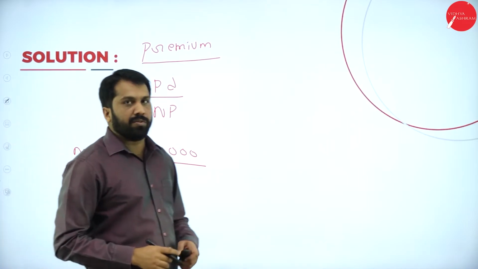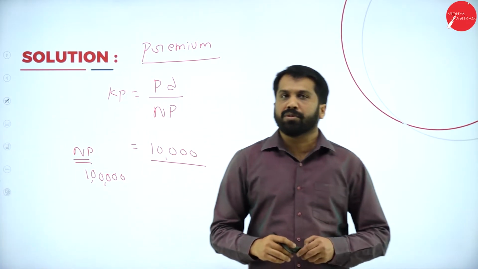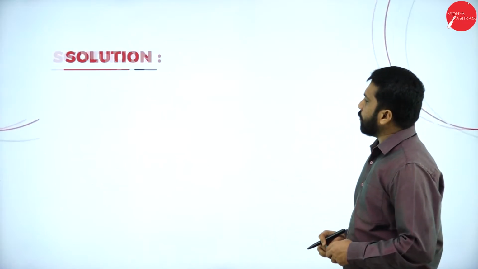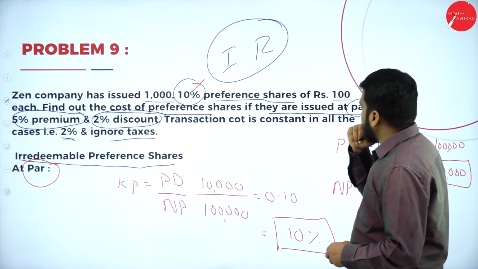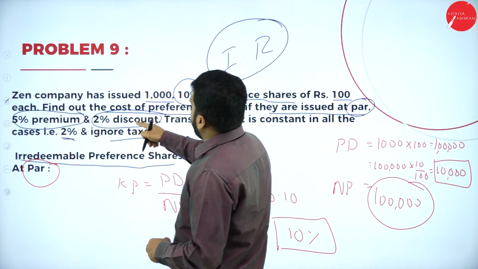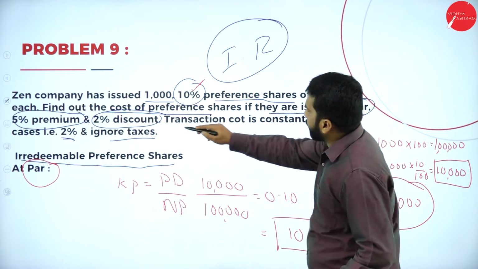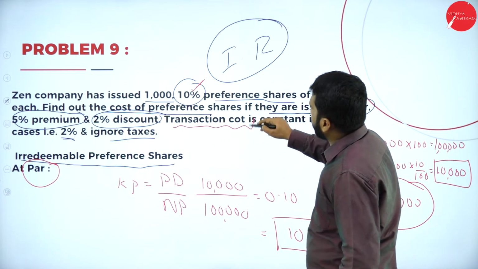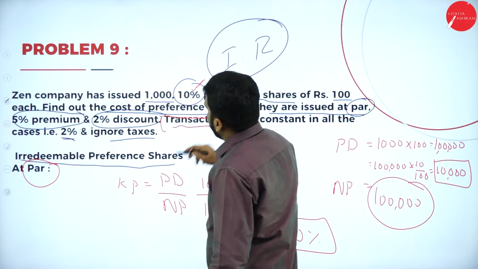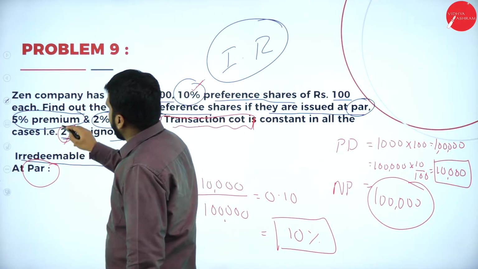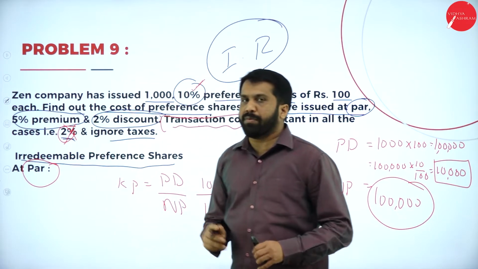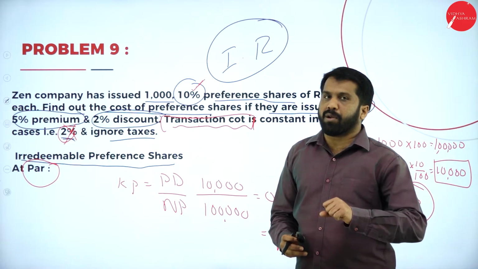Now, in this 1 lakh, what are we supposed to do? In this, we have par, 5% premium and 2% discount. The transaction cost of 2%, we are not taking for this problem. Why? Because we are doing a basic problem.